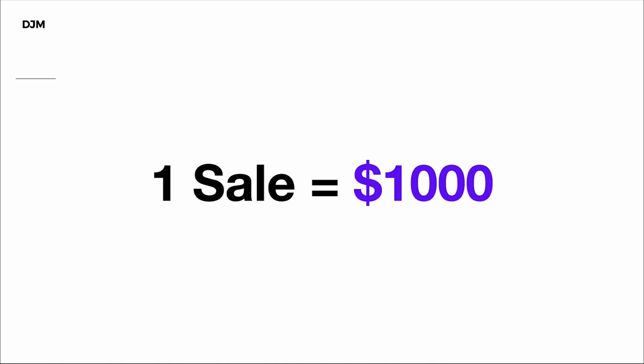Let's imagine that one sale of a particular offer is, on average, $1,000. So that one sale is your scale. You're talking about how many times it happened. It's the extent. The profitability is the size, so it's $1,000. So one sale equals $1,000.